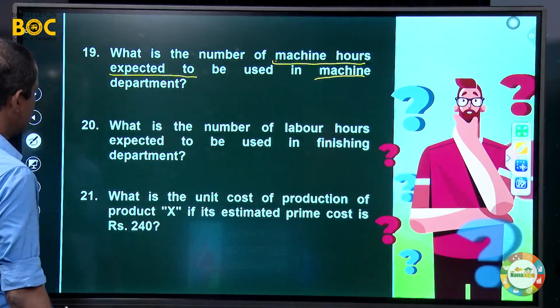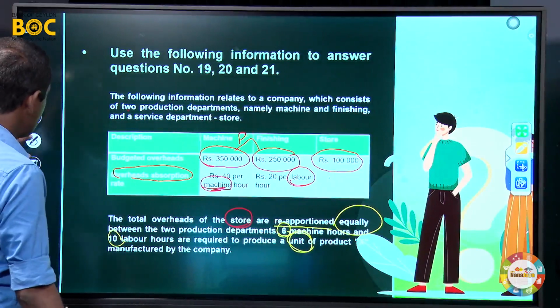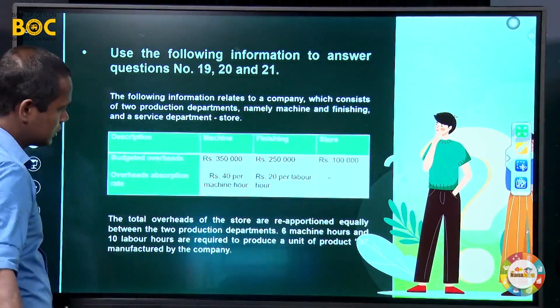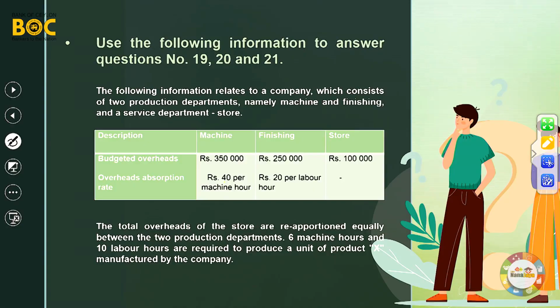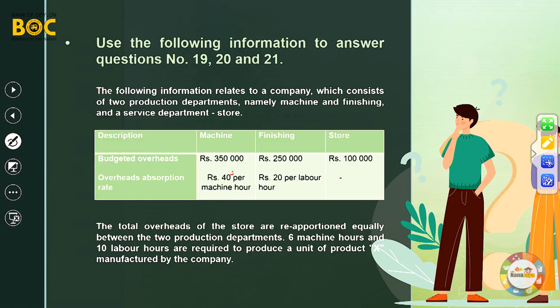If you go back to the question, the absorption rate they have calculated for the machine department uses machine hours. It is 40 rupees per machine hour.